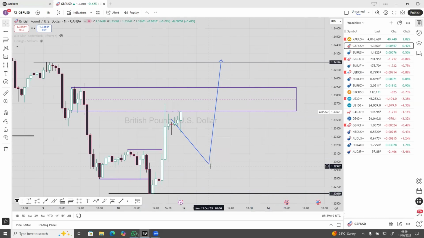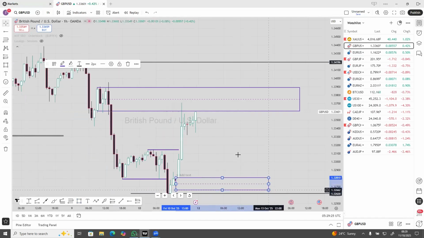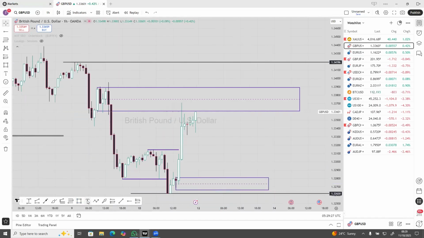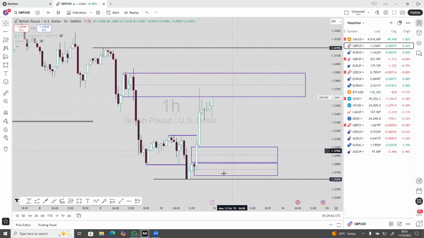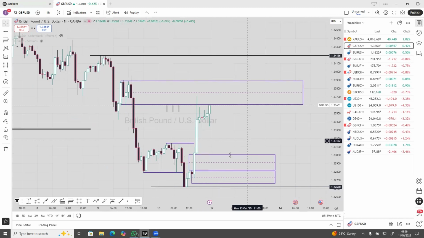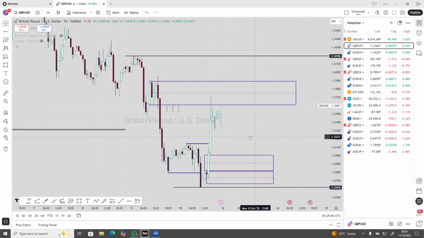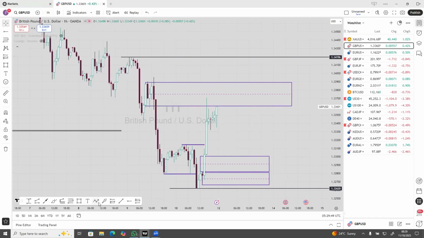After creation of that market shift, on discount zone, we have that daily demand. On 1 hour demand above, we have that unmitigated supply, unmitigated FVG. So it created a good attractive point of interest.